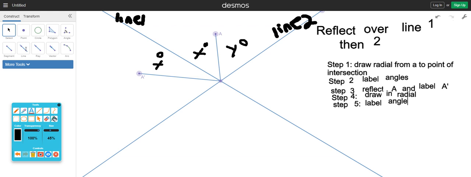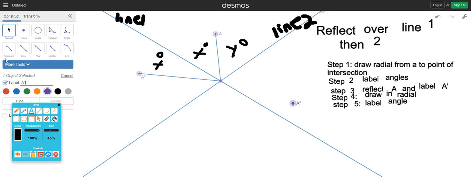Okay, now that we've done this, we are going to reflect over line 2. That's the A prime, so we have to go all the way back over here, all the way over here, that whole distance, so it's way here. And we're going to label this A double prime.